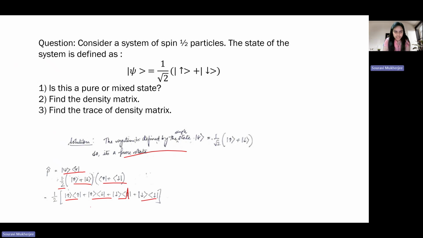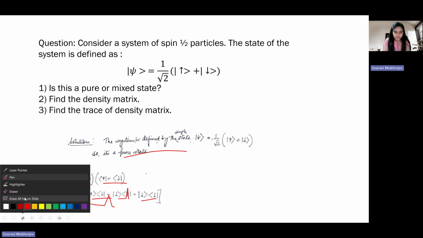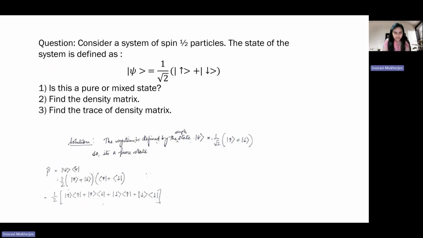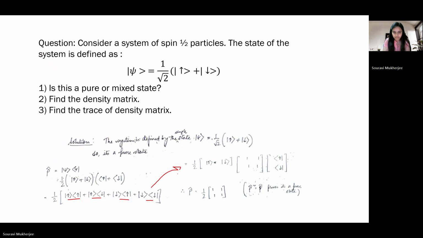Now, if you want to write it in a matrix form, how will you write it? This is the form of your density matrix, and you have to write it in a matrix form, so you have to look at how the product terms are. If you look at this combination, it is nothing but this. For this description, we have chosen a basis of up and down.